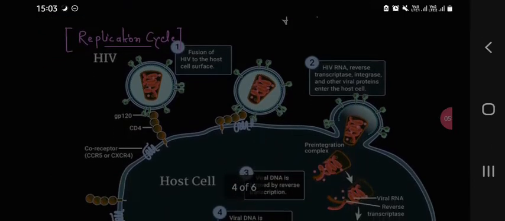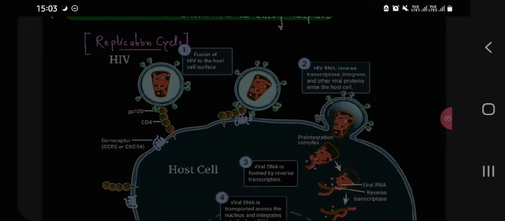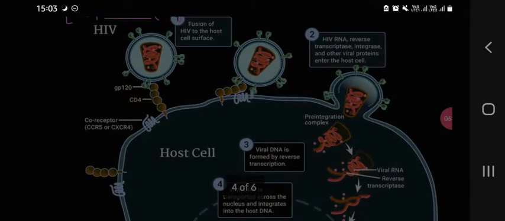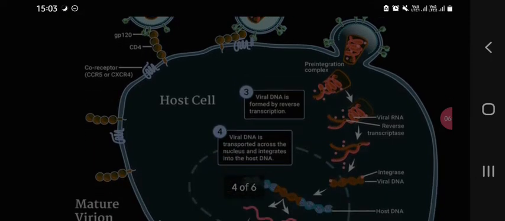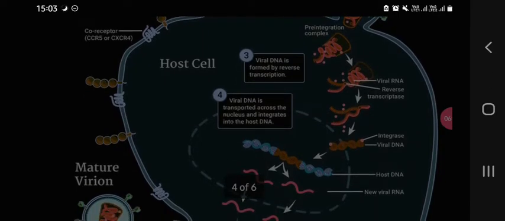Replication cycle. HIV fuses to the host cell surface. HIV RNA, reverse transcriptase, integrase and other viral proteins enter the host cell, forming the protein integration complex, and then viral DNA is formed by reverse transcription. Viral DNA is transported across the nucleus and integrated into the host DNA.